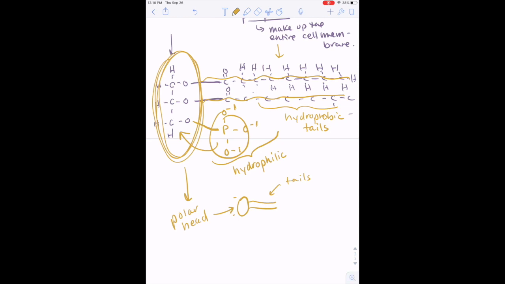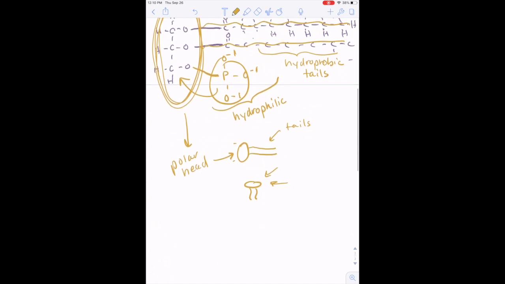That is the phospholipid. We could even draw it like this. It looks like a jellyfish. Like a jellyfish jam from SpongeBob. Okay. You take a gazillion of these babies, put them together, and they're going to form the cell membrane.